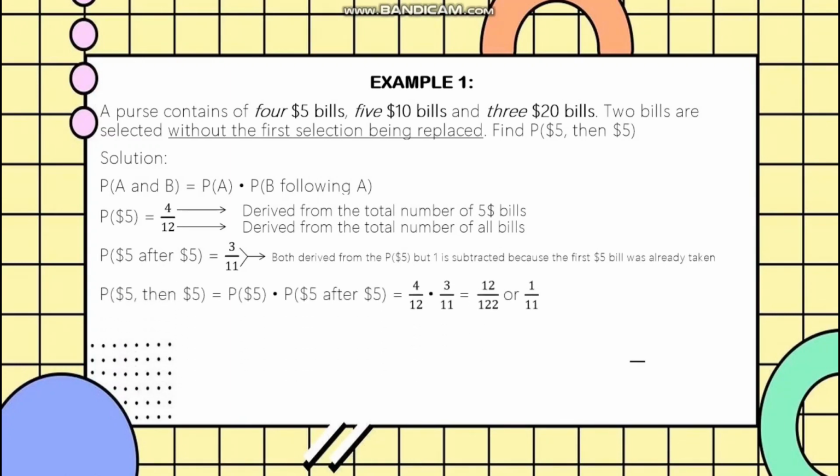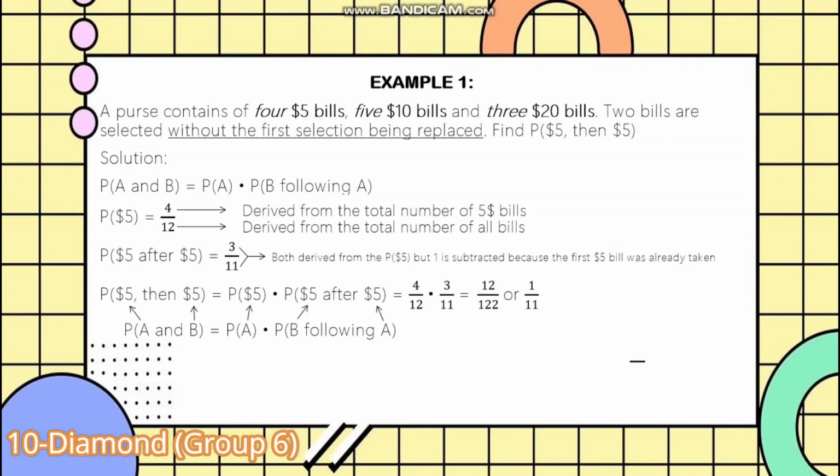After that, the probability of $5, then $5. We are going to substitute to the original formula, so now we have probability of $5 times probability of $5 after $5. Lastly, we are going to substitute again. So we have 4 over 12 as the probability of $5 times 3 over 11 as the probability of $5 after $5.